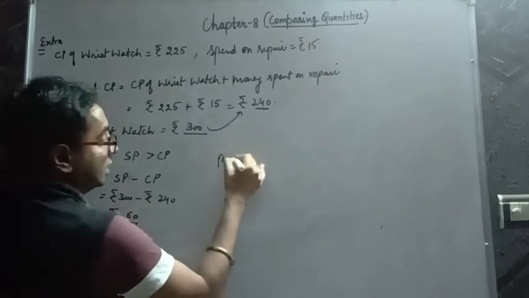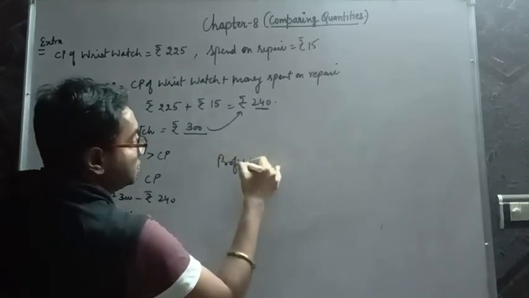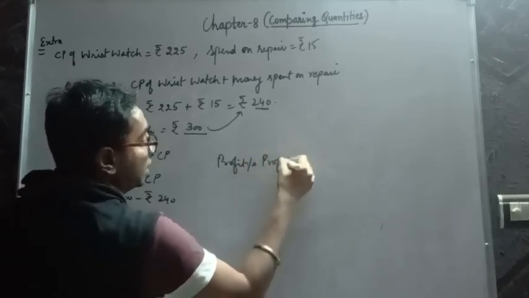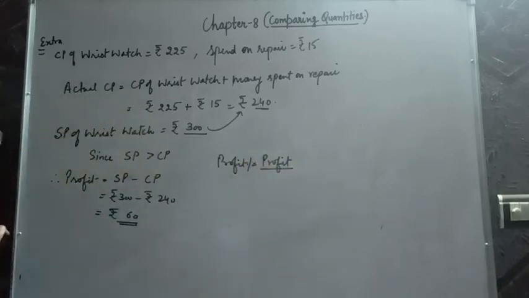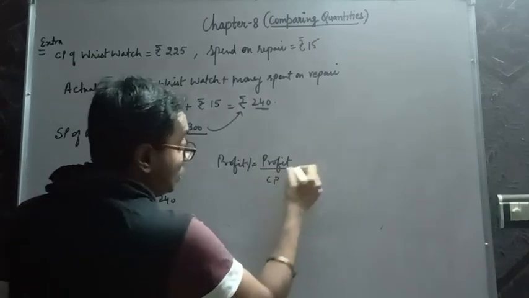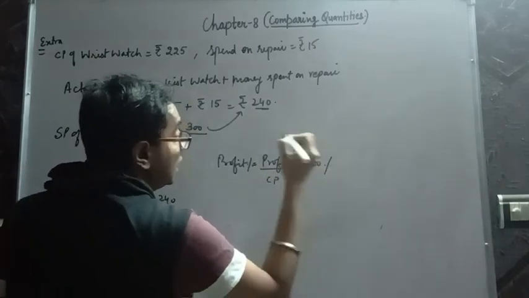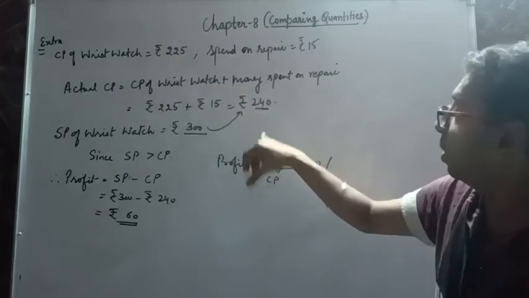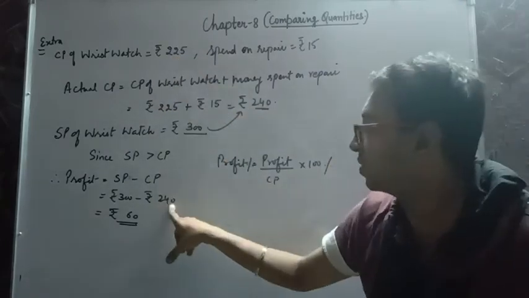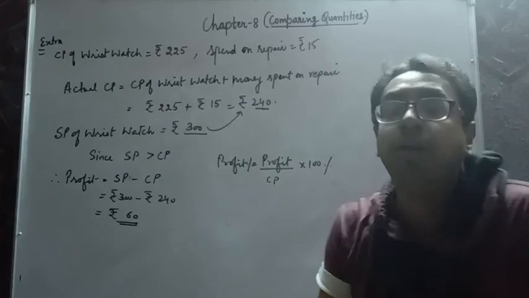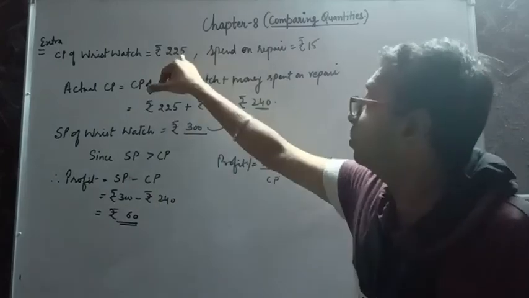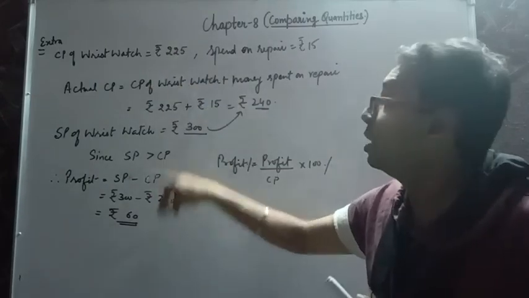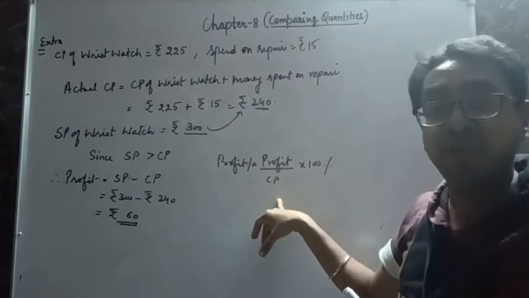We have to find the profit percent. So profit on what account will we be calculating? CP. I need to see which CP will be calculated. Again tell me, will you consider this CP or this CP? Definitely, if you have considered the whole CP here, in the profit percent also you consider the whole CP. When you have taken the full 240 here, then you will have to consider 240 here also.